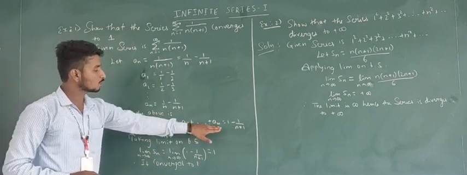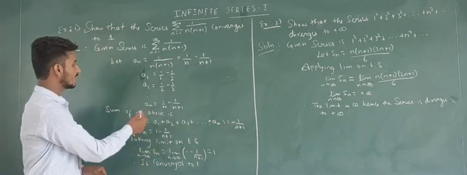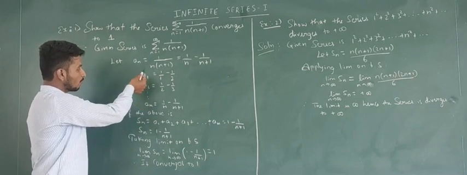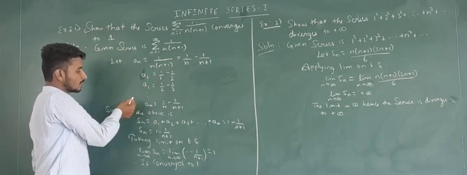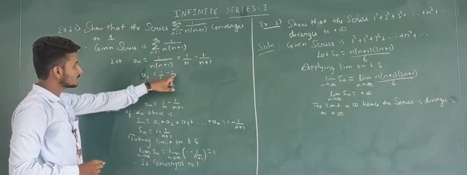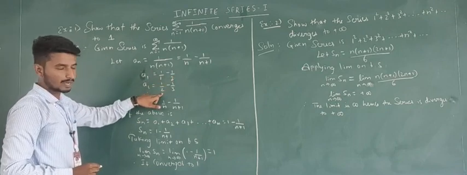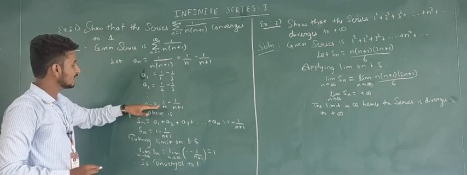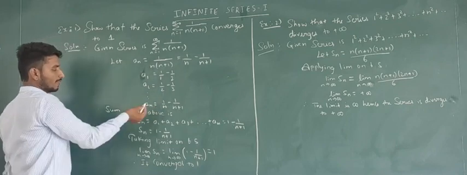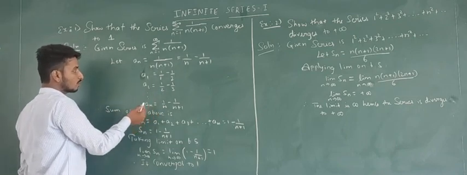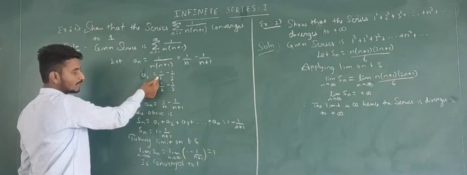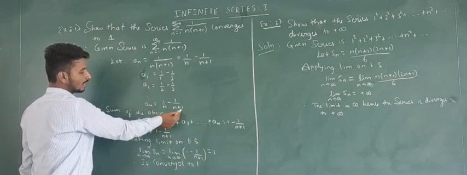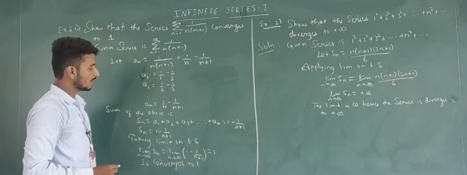How will we get 1 minus 1 divided by n plus 1? See here, if we go on adding a1 plus a2 plus so on up to an, then minus 1 by 2 and plus 1 by 2 get cancelled, minus 1 by 3 and plus 1 by 3 get cancelled, and similarly on up to 1 by n. The remaining is only the first term 1 and the last term minus 1 divided by n plus 1.